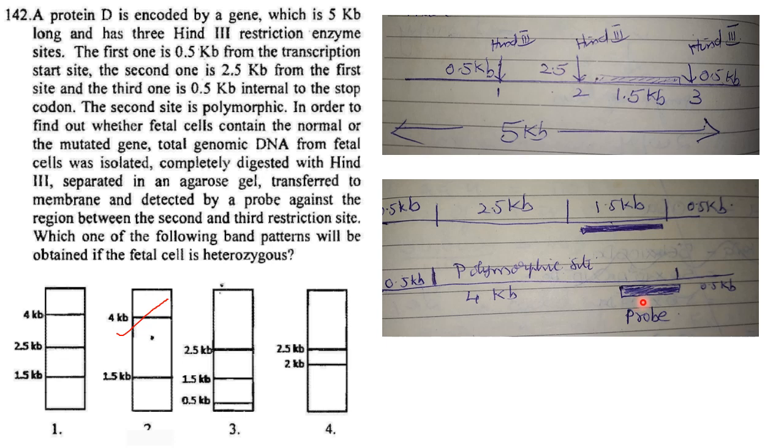So in this region the probe will bind and you will get a 4 kb band also. So the answer here is option 2, that is 4 kb and 1.5 kb. That band will be detected. This one.